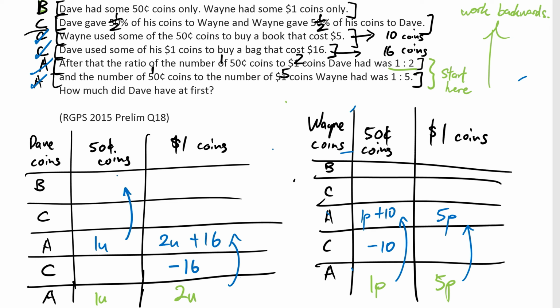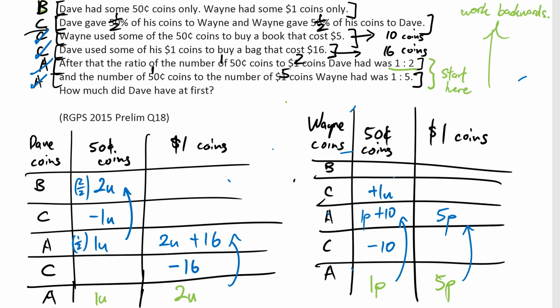Nope, it has to be 2 times of whatever this is. Correct? If this is half, then 2 out of 2 here must be 2 units. Agree? So this has to be minus 1U. So Wayne received the 1 unit from Dave.